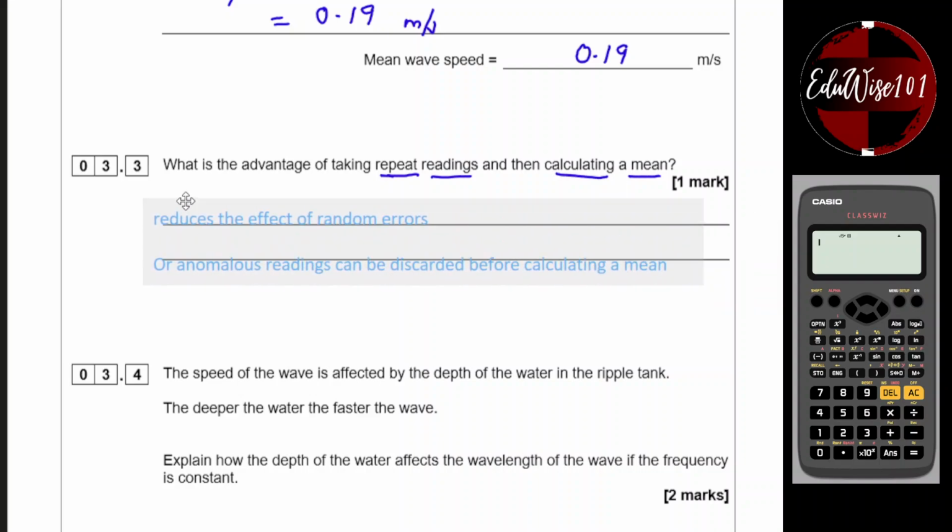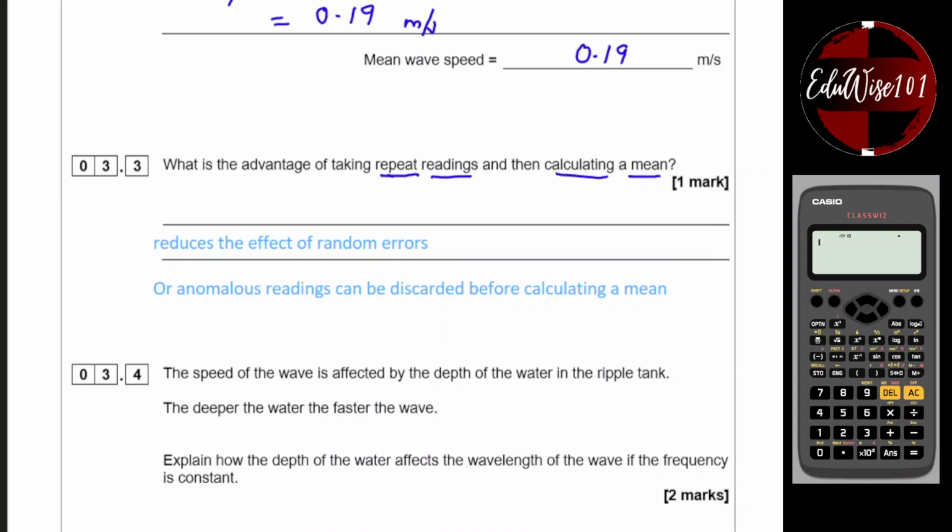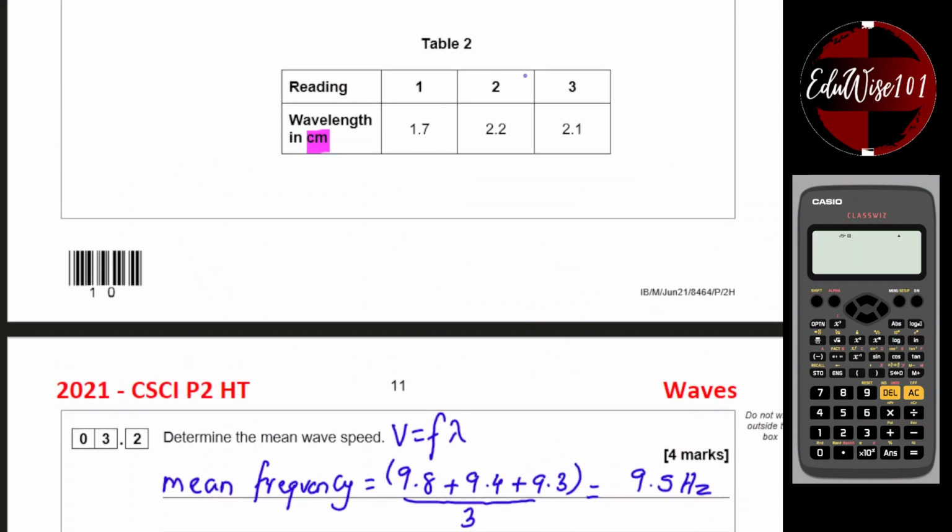The main two: it reduces the effect of random errors, or anomalous readings can be discarded before calculating a mean. So let's say here you have 3 values in this table, and if one of them looks way off, you could discard it because the other 2 values are much closer together.